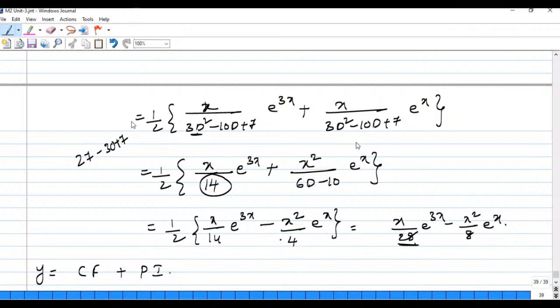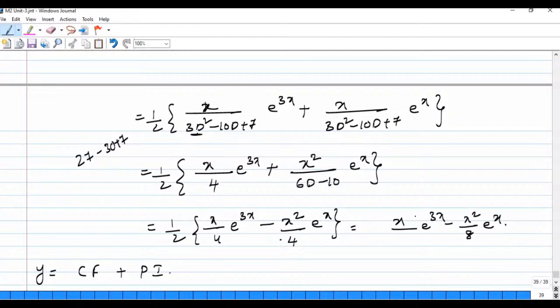Only 4? Okay, so then it is 8. Right, y equals CF plus PI.